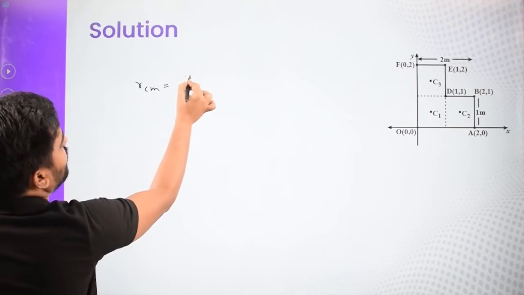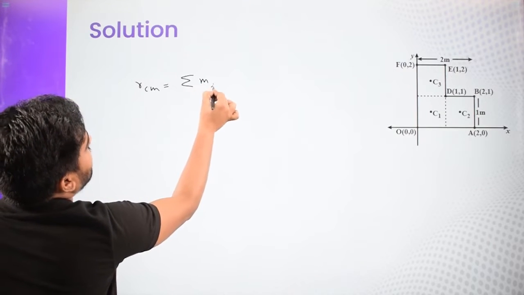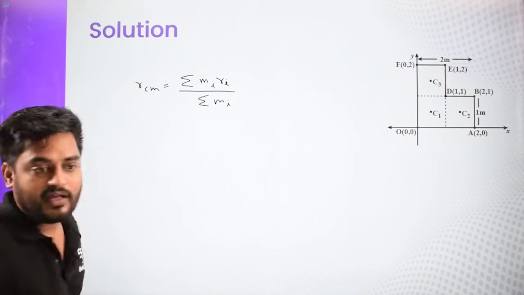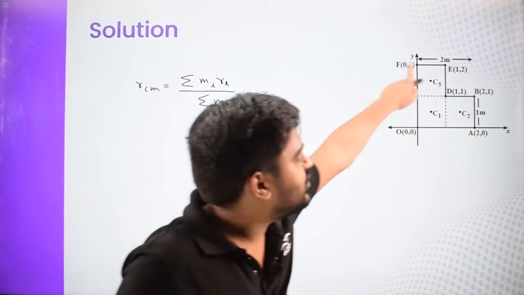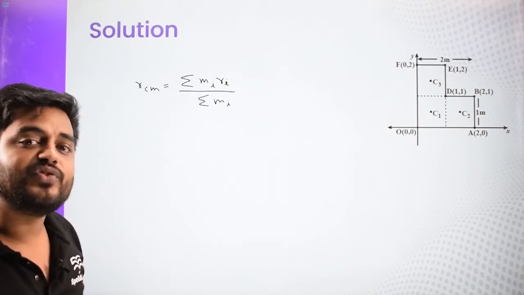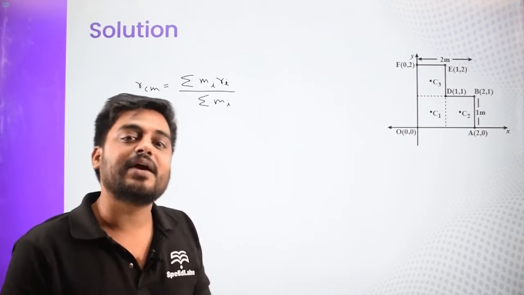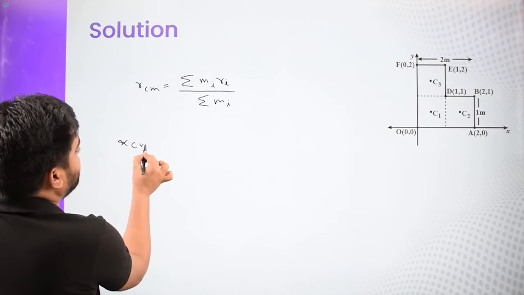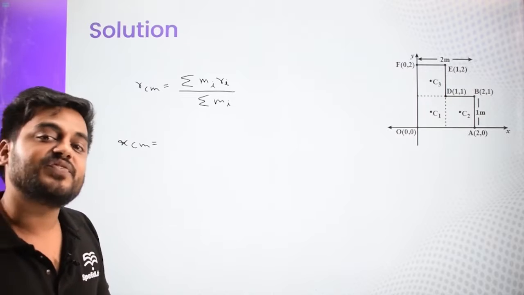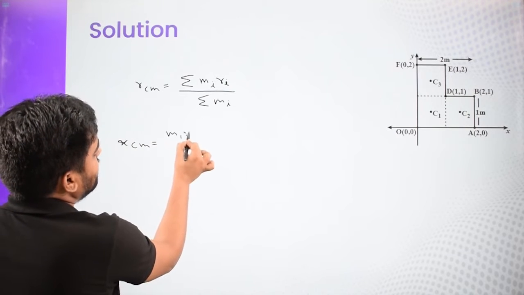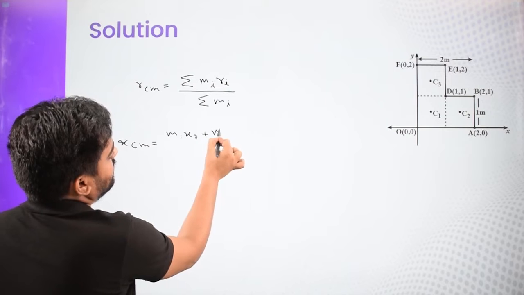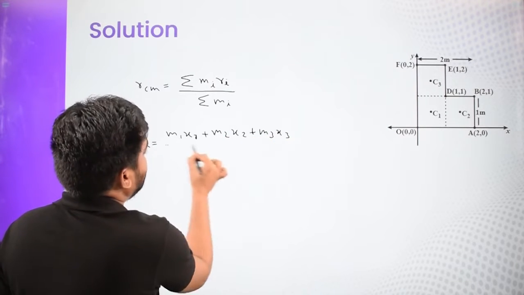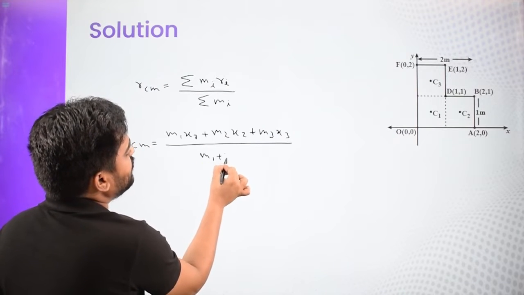So RCM is going to be the summation of MI RI divided by the sum of all the MI. Here we have a 2D object kept in the XY plane, so I am going to find two separate things, XCM and YCM, rather than directly getting RCM. Let us first get XCM. XCM is going to be M1 X1 plus M2 X2 plus M3 X3, divided by M1 plus M2 plus M3.